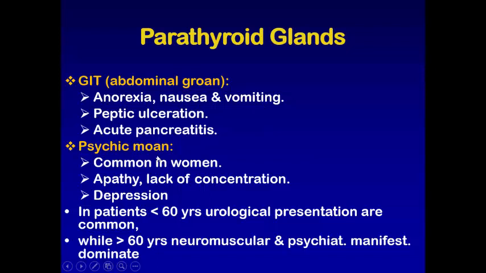While about psychic moan, it is common in females. It results in an apathetic female with lack of concentration and may have depression. Keep in your mind that in patients under 60 years of age, urological presentations are common, while above 60 years of age, neuromuscular and psychiatric manifestations dominate.